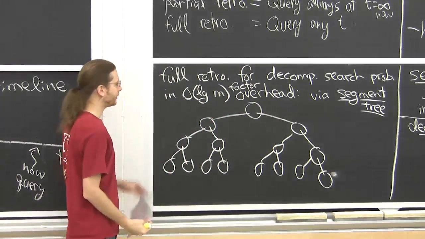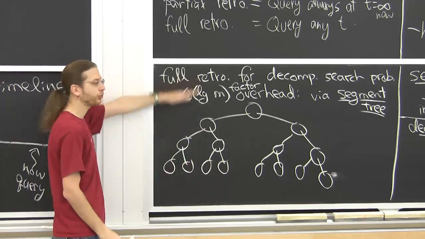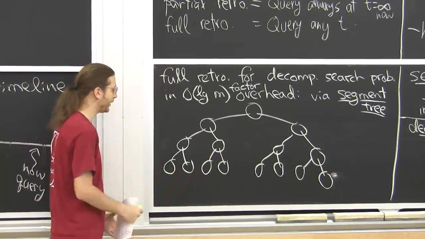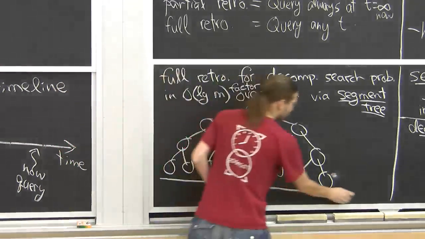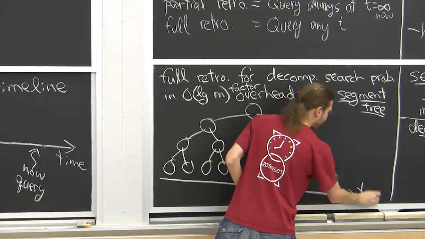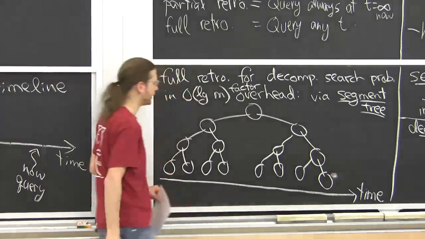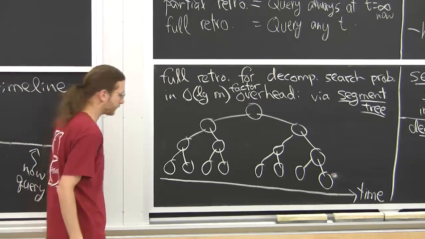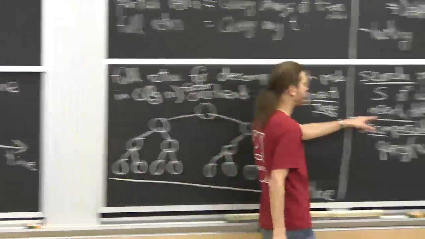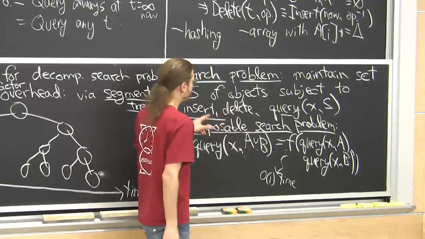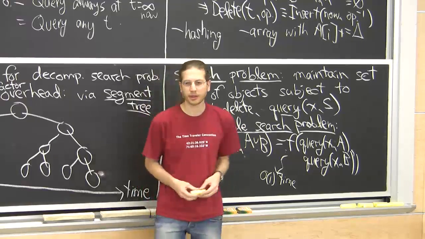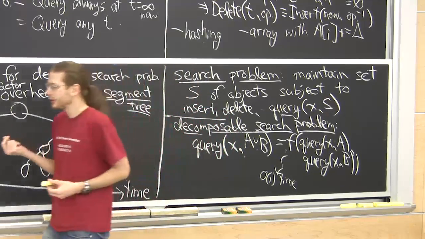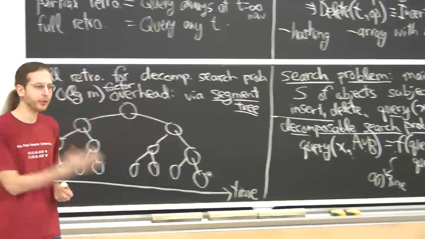I would like to build a balanced binary search tree on time. Leaves will be time. So here's time. And the idea is, if I have my operations, my updates, which are the things that live on time, they are inserts and deletes. And so if I look at an element, at some point it might be inserted, at some point later it might be deleted.